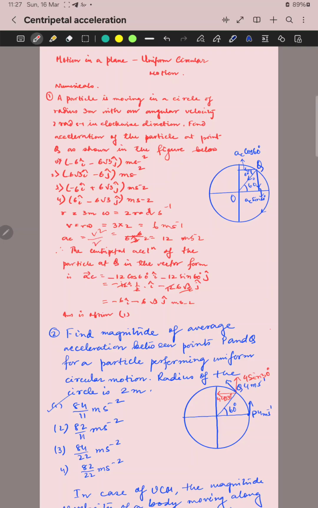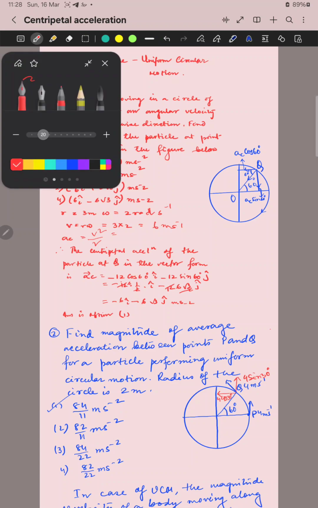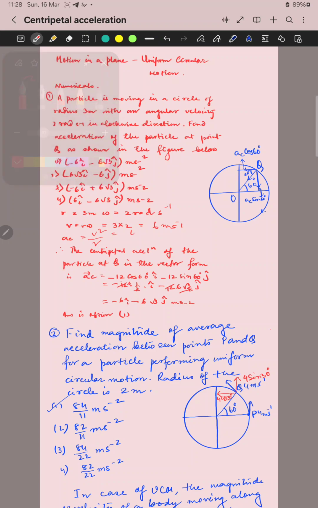So let's put the values in place of v and r, which is 6 into 6 by 3. So that gives us 12 meter per second square.